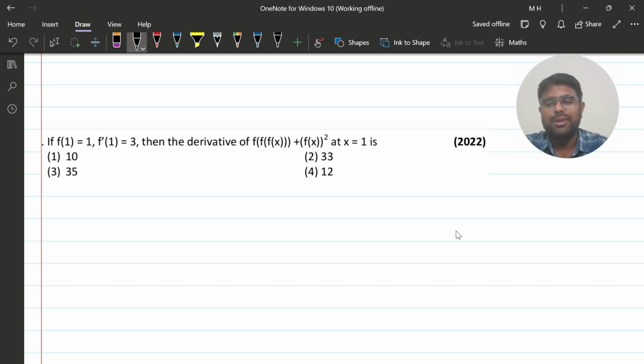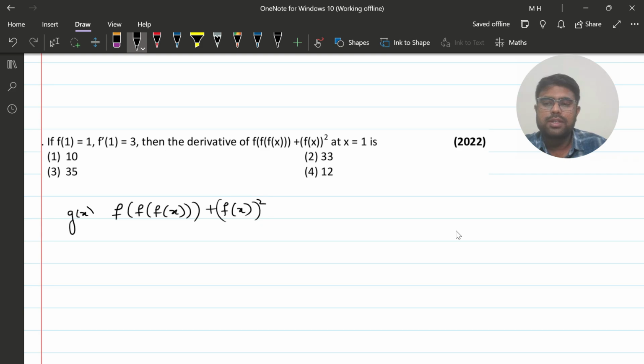Again, a question from 2022. Okay, so you have f of x plus f of x whole square. Okay, so we have to find the derivative of this. I'll call this a function g of x, so that it becomes an equation. Otherwise it's not appropriate to write it like this.